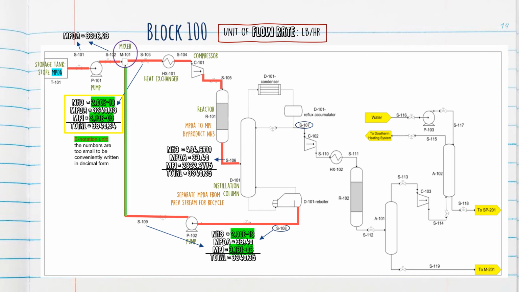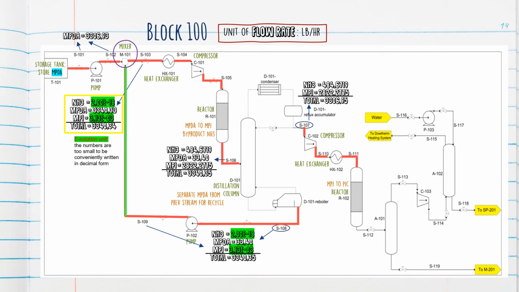Okay, for stream S107, it will pass through the compressor, which is to increase the pressure, and it will enter the heat exchanger, and then it will continue to enter the second reactor. The function of the second reactor is to convert MPI to PIC.